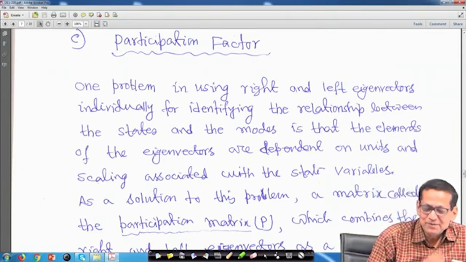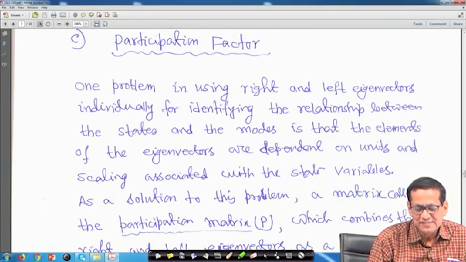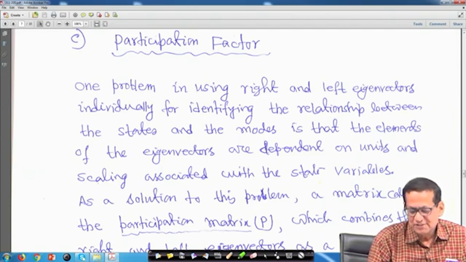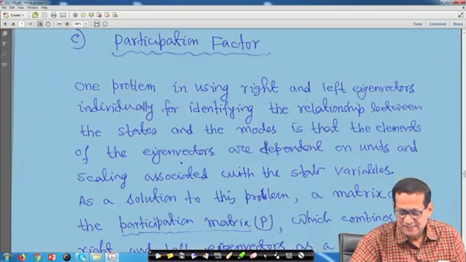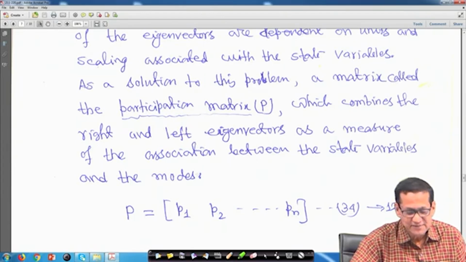The problem in using right and left eigenvectors individually for identifying the relationship between the states and the modes is that the elements of the eigenvectors are dependent on the units and scaling associated with the state variables. As a solution to this problem, a matrix called the participation matrix P combines the right and left eigenvectors as a measure of the association between the state variables and the modes.